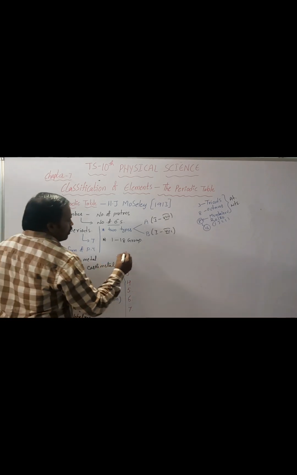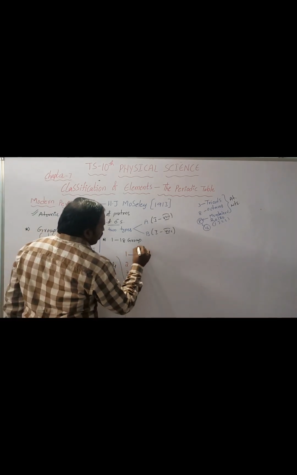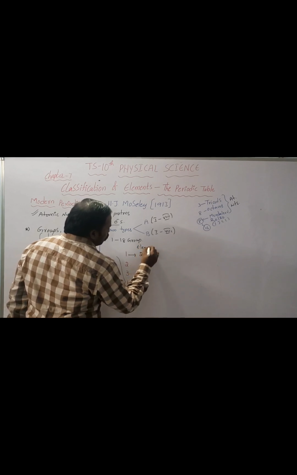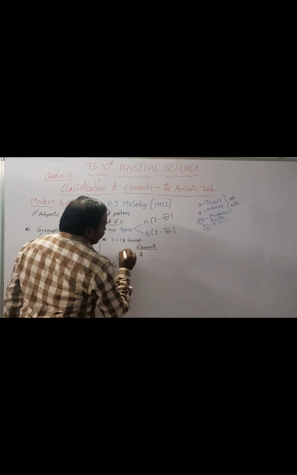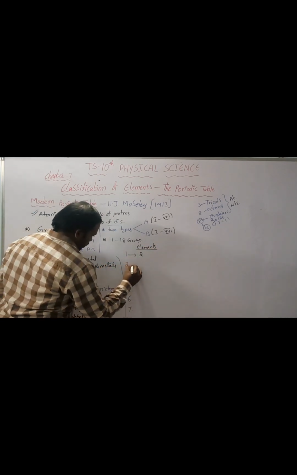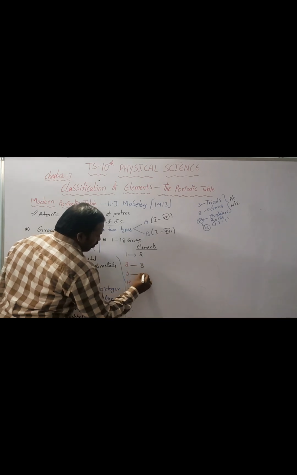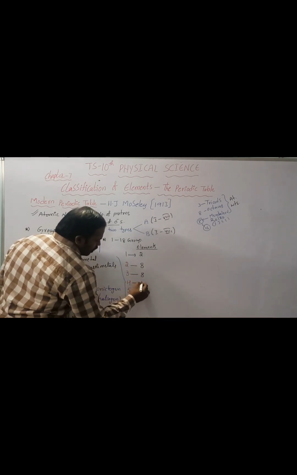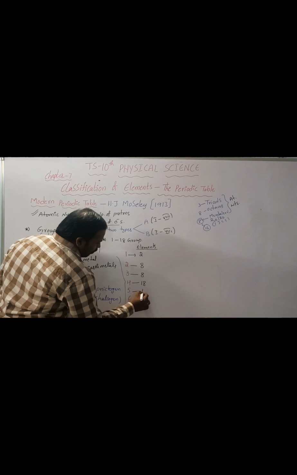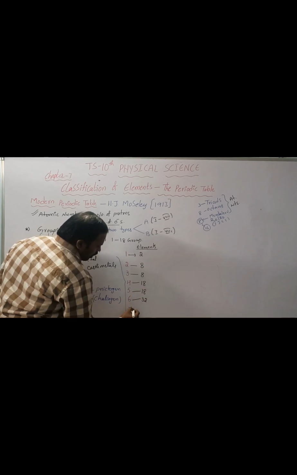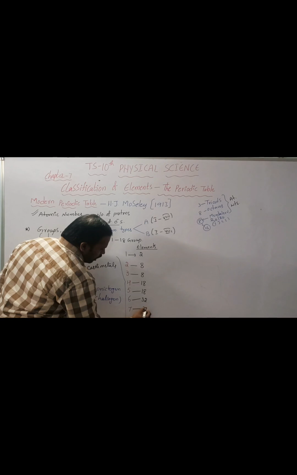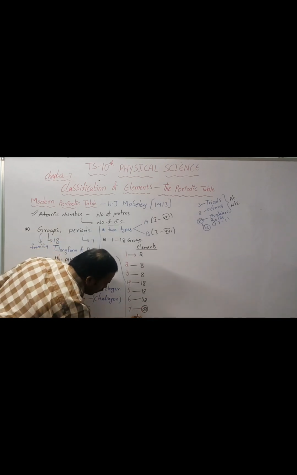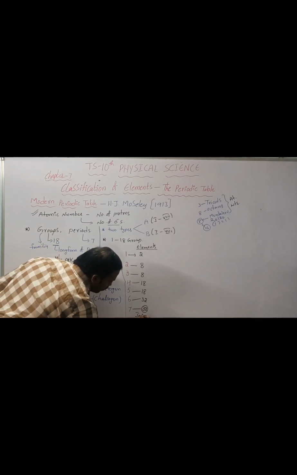The second period has 8, the third also has 8, the fourth has 18, the fifth has 18, and the sixth has 32 elements. The seventh we can consider an incomplete period.